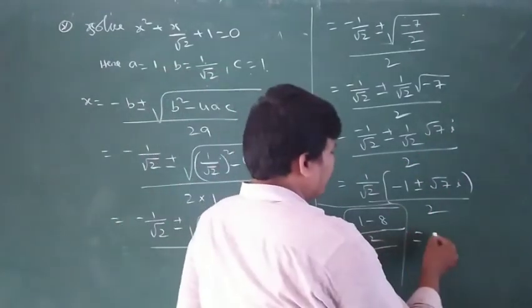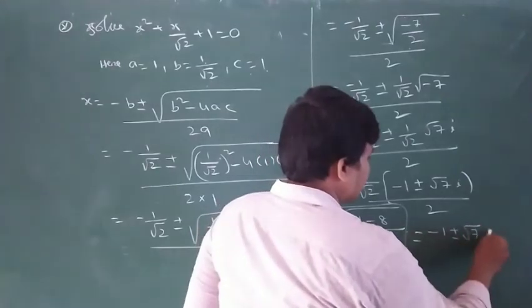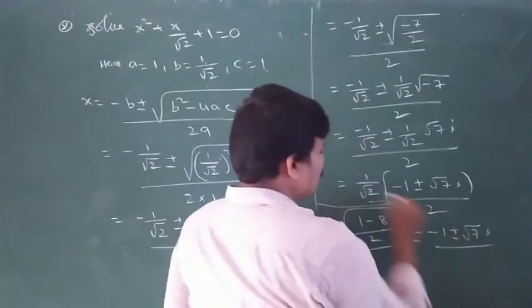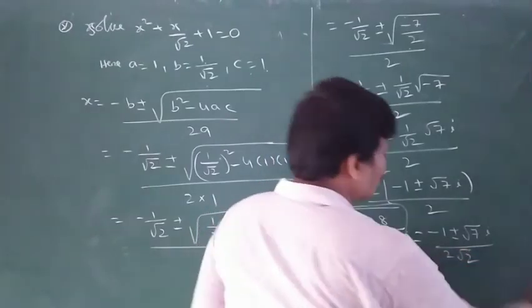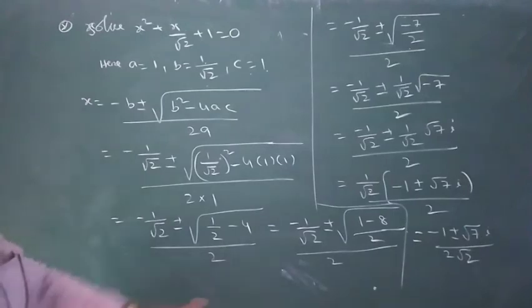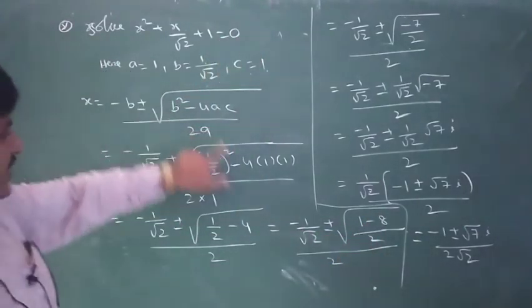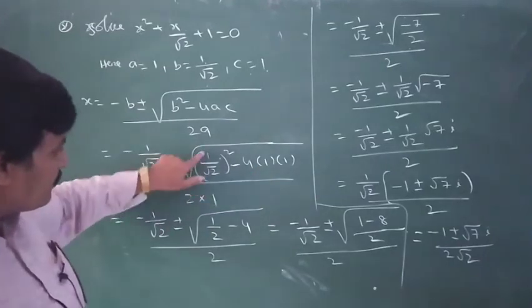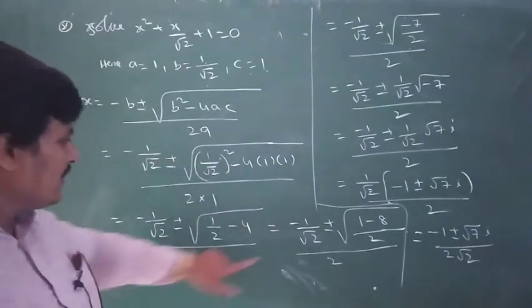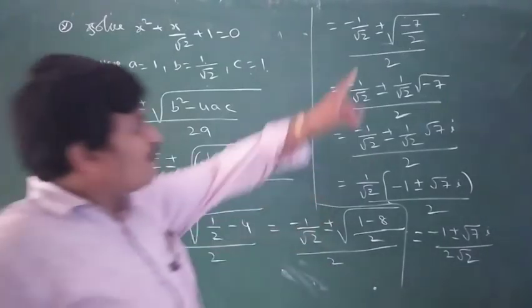So finally minus 1 plus or minus root 7i by 2 into root 2, that is 2 root 2. Once again, here: 1 by root 2 whole square is 1 by 2 minus 4, LCM 2, 1 minus 8 by 2. So 1 minus 8 is minus 7.